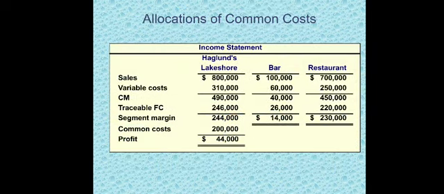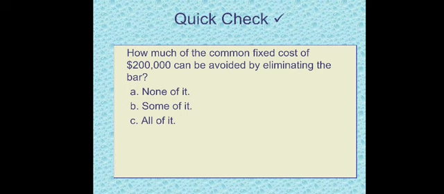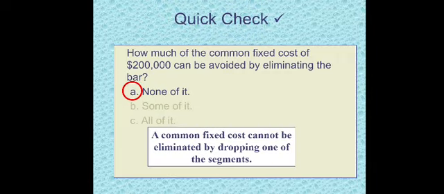There is an allocation of common costs here. If you go through this quick check or sample question here, you will get an idea about why you should not allocate common costs to different segments. I hope you will read this sample question, and you will see why.